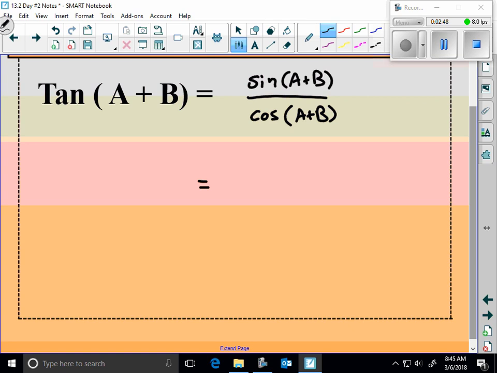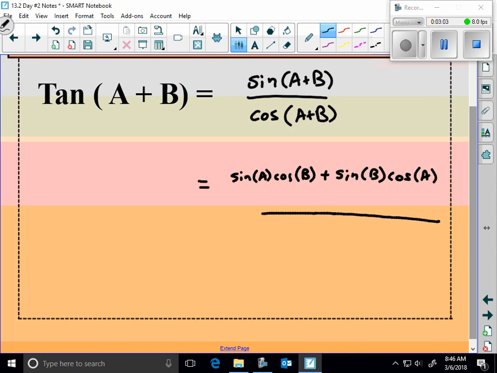But sine of A plus B is sine of the first, cosine of the second, plus sine of the second, cosine of the first. Okay, now I'm going to leave some space under that. Cosine of A plus B is cosine A cosine B minus sine A sine B.